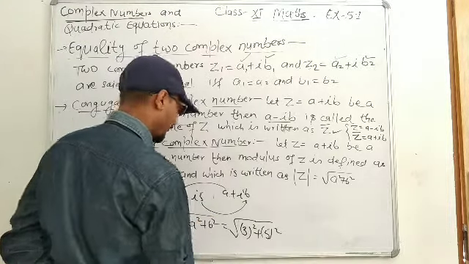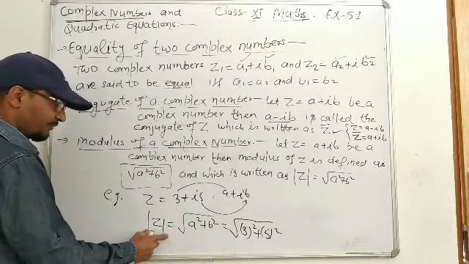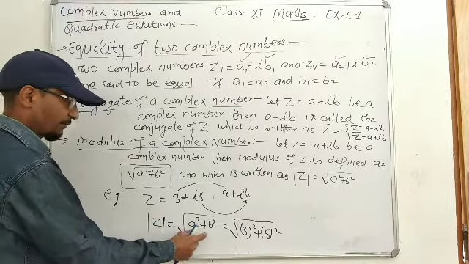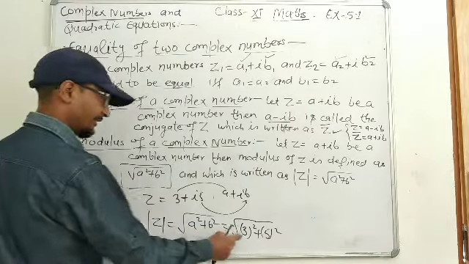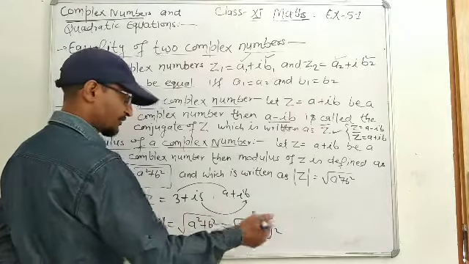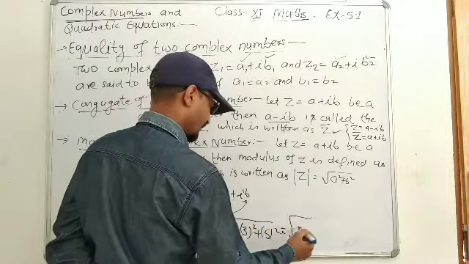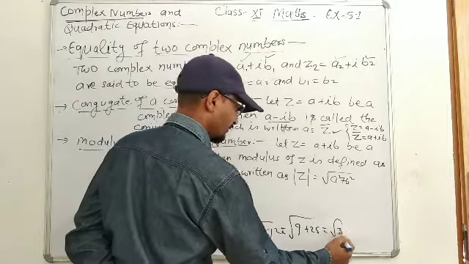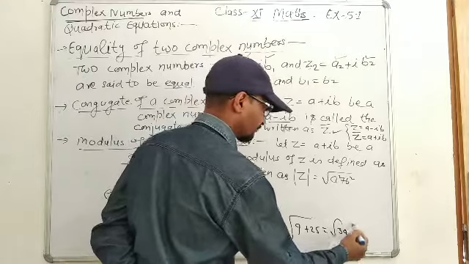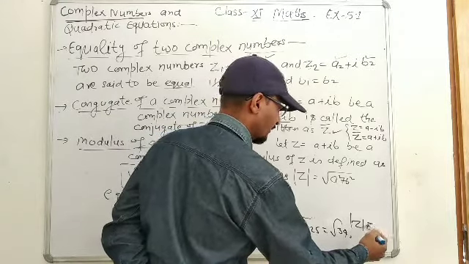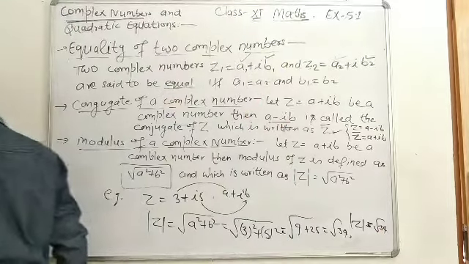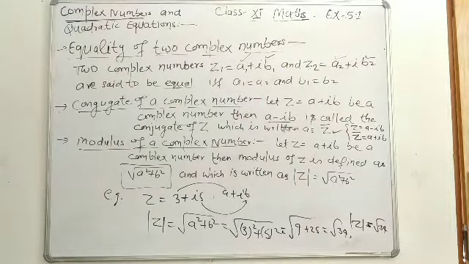So mod of Z equals root of A square plus B square, the value of A is 3 square plus the value of B is 5 square. So we get 3 square 9 plus 5 into 5, 25. This becomes 34. So it is the mod of Z. Like this we define the modulus of any complex number.